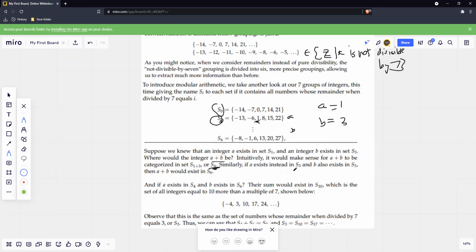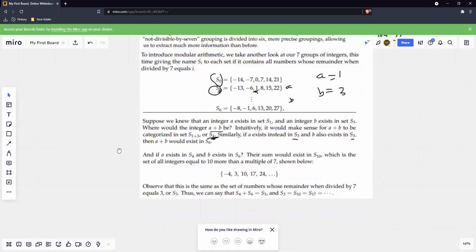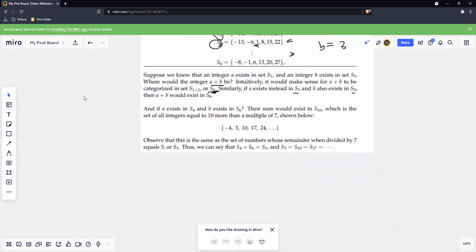So if a exists in set of 3 and b also exists in set of 3, then a plus b would exist in set of 6, because the remainder of 3 plus the remainder of 3 is equal to the remainder of 6. And if a exists in a set of 4 and b exists in set of 6, then the sum would exist in set of 10. But this is basically equal to set of 3, right?